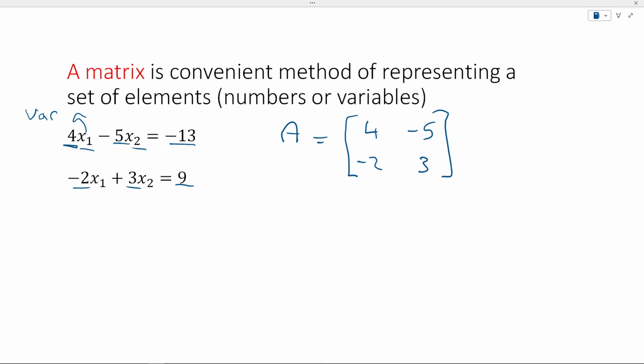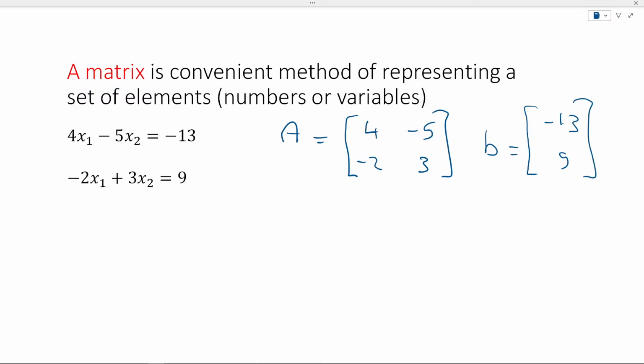So now I represented these parameters here: this one, this one, this one, and this one. Can I also represent the right-hand side? Yes, I can. The right-hand side I can represent in matrix form. That would be -13 and 9. Can I represent my system variables?